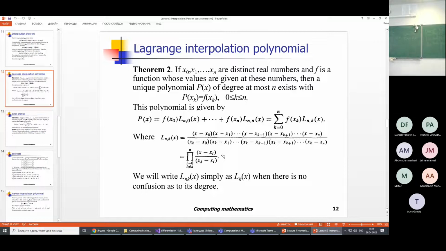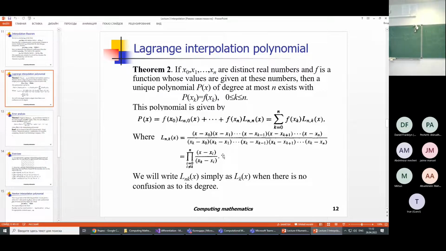Only the formulas for L0, L1, and L2 will be different.